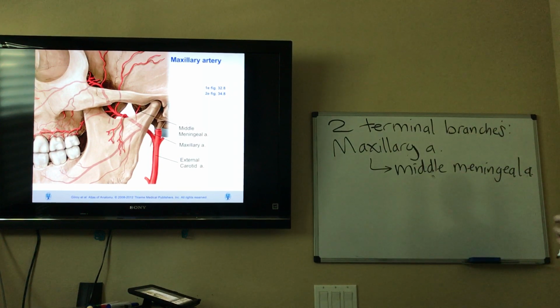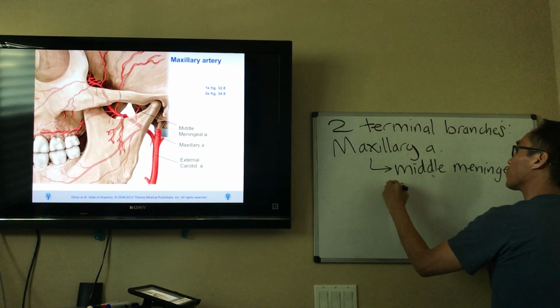And so this one has to enter the skull. So I want you to know that the middle meningeal artery branches off maxillary artery, and this artery enters the skull via foramen spinosum. I'll write that.